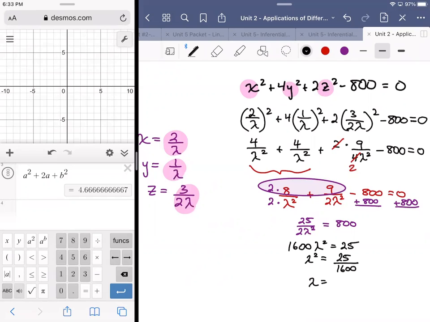Lambda would then be, if I'm taking the root of both sides, 5 over 40. So it's really going to be 1/8, right? So plus or minus, I'll write it as 5 over 40, but it's really going to be plus or minus 1/8.